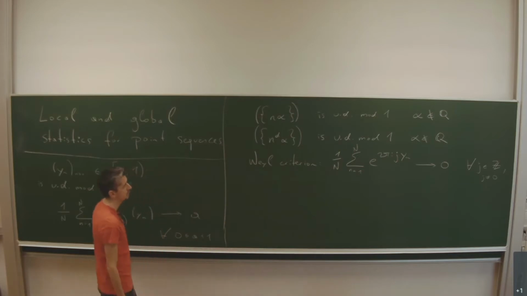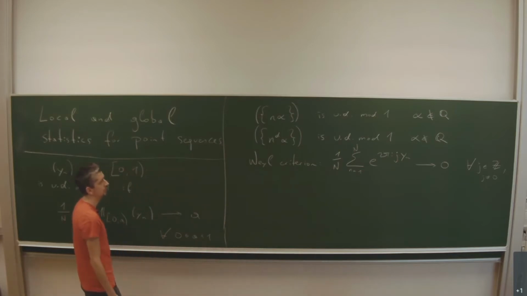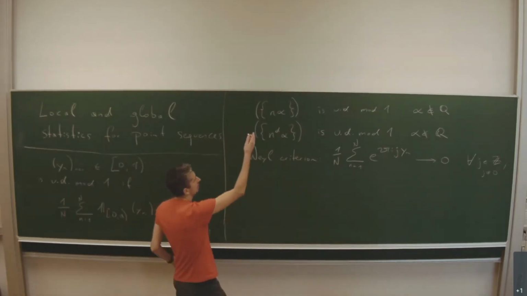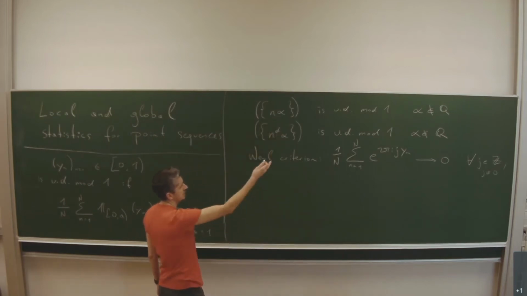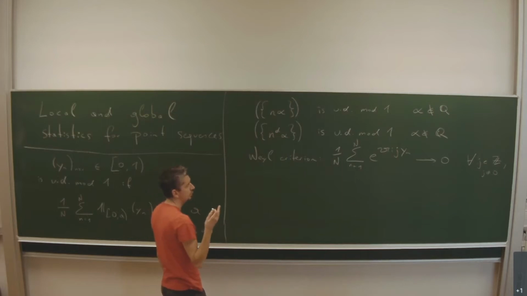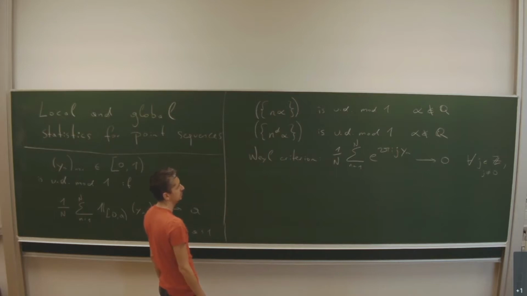And for comparison, I will also tell you about the metric theory of this. Here for these particular sequences, you can easily figure out for which alpha exactly this is uniformly distributed mod 1 and for which alpha it is not.